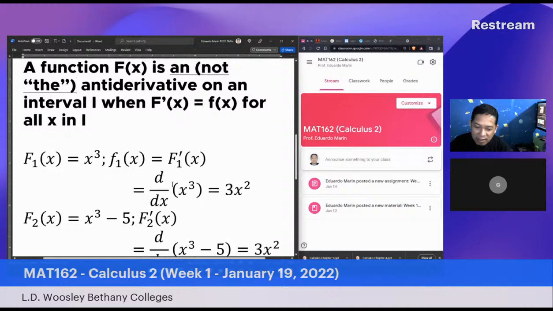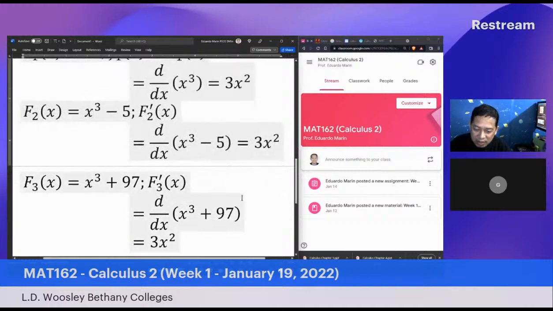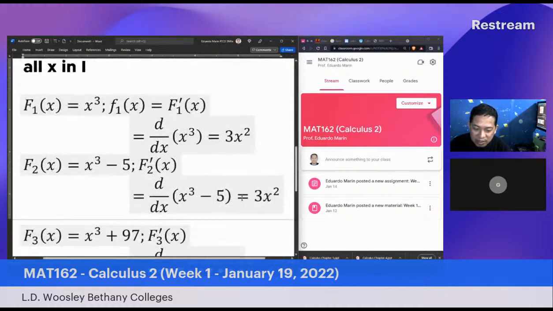Considering our example, f1 of x is x cubed, and its derivative is 3x squared. f2 of x is x cubed minus 5, and the derivative is also 3x squared. The same is true for f3 of x, x cubed plus 97: the derivative is still the same. So there are infinitely many possible antiderivatives of a function.